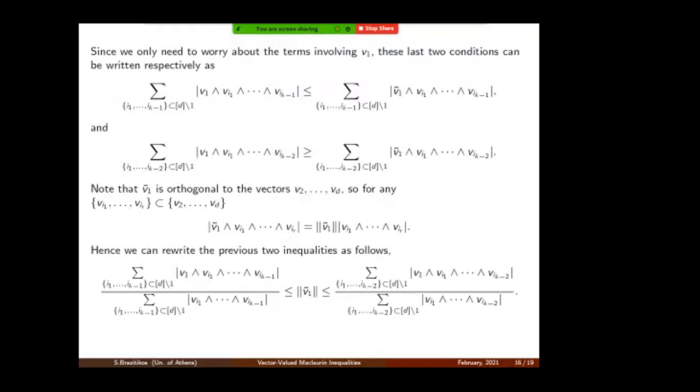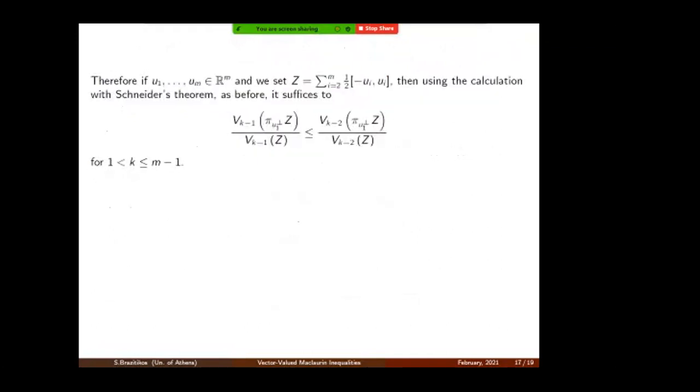And the reduction that we have is the following. We take some m vectors in R^m, and we also make the zonotope from i equals 2 to m of the segments that the u_i produce.